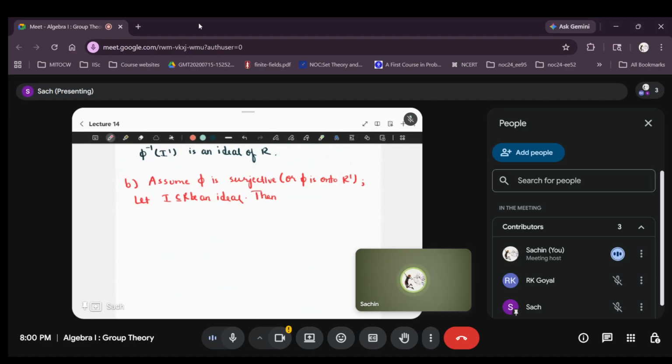Then you take the set image, phi of I. This is an ideal of R prime.